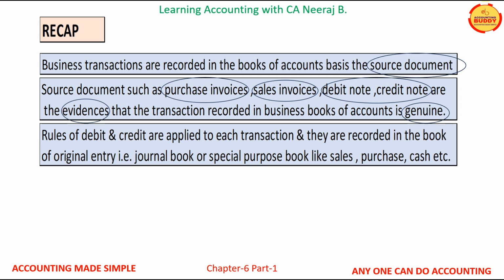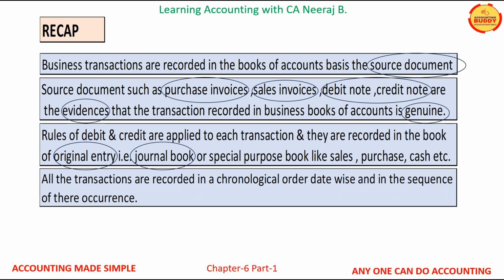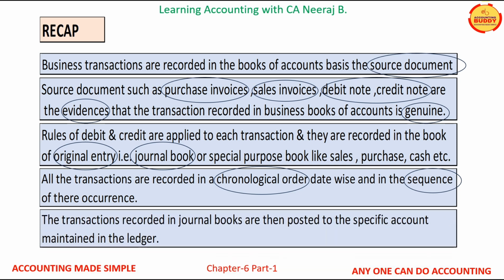Rules of debit and credit are applied to each transaction and they are recorded in the book of original entry, that is the journal book, or special purpose book like sales, purchase, cash book, etc. All the transactions are recorded in a chronological order, date-wise, and in the sequence of their occurrence. The transactions recorded in the journal book are then posted to the specific account maintained in the ledger.